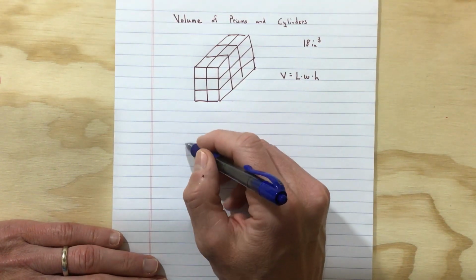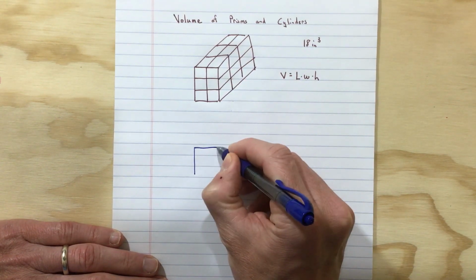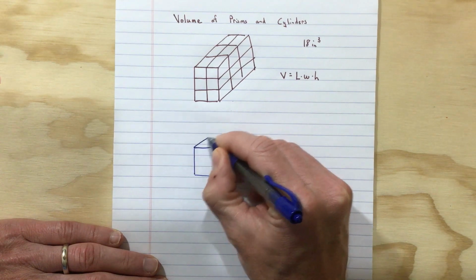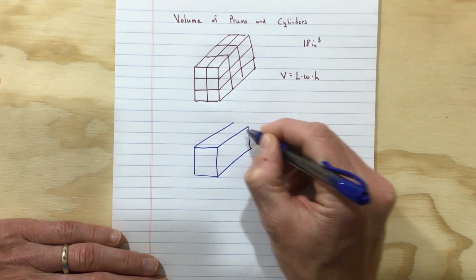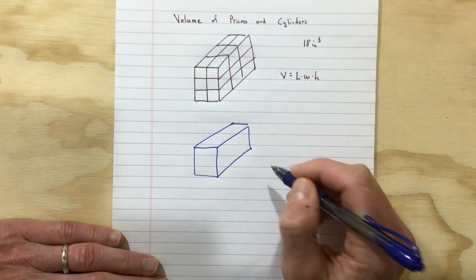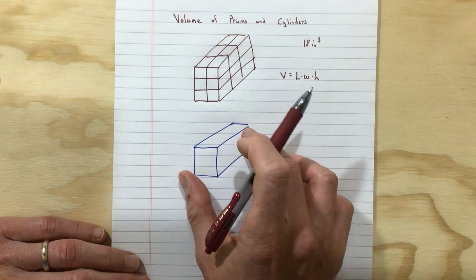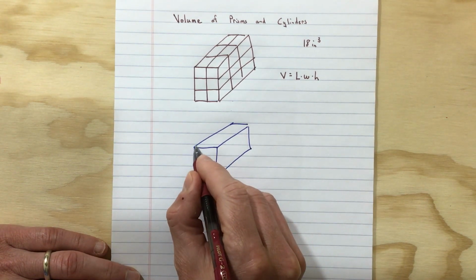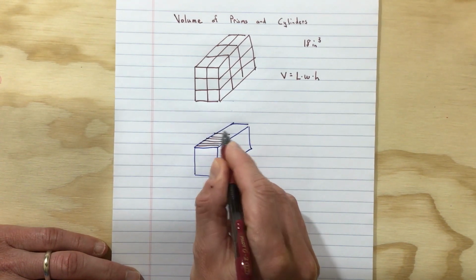Again, you don't have to actually draw these cubes. You can take any rectangular prism you want, draw it back, right? Something like that. And what we're really saying is the volume of this rectangular prism is really just stacking all of these shapes.